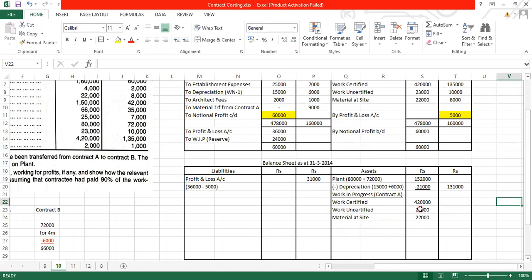Then we take down the total 4,65,000. तक कुछ भी डाउट है? Any doubt till here?